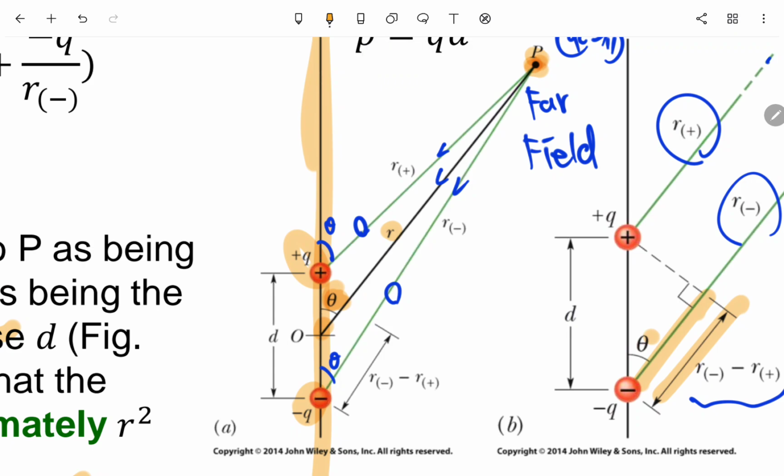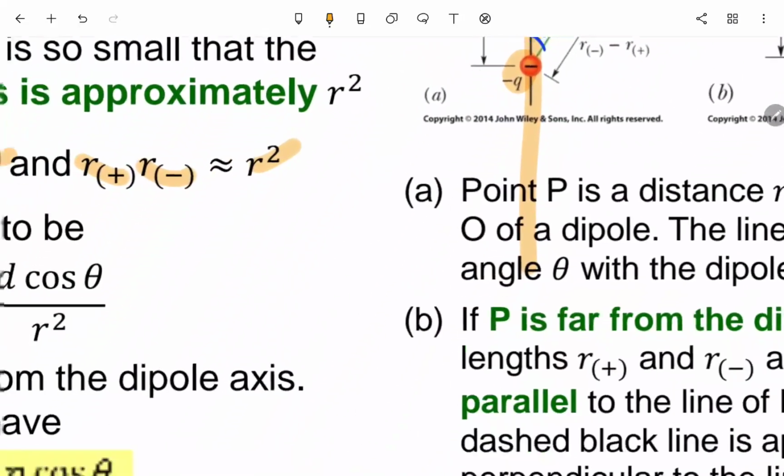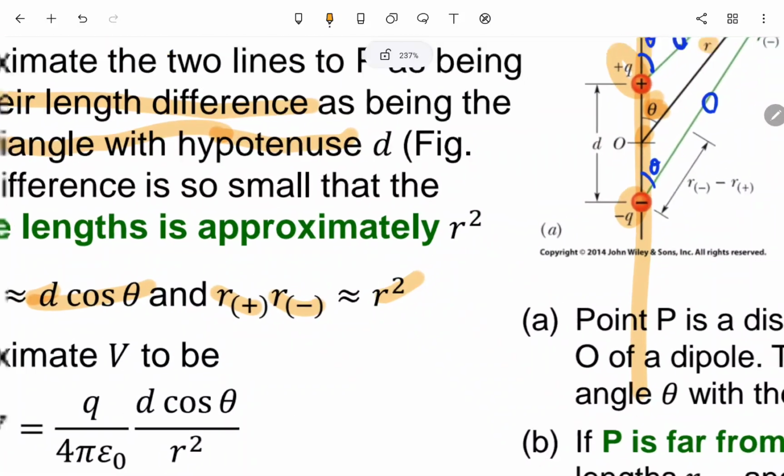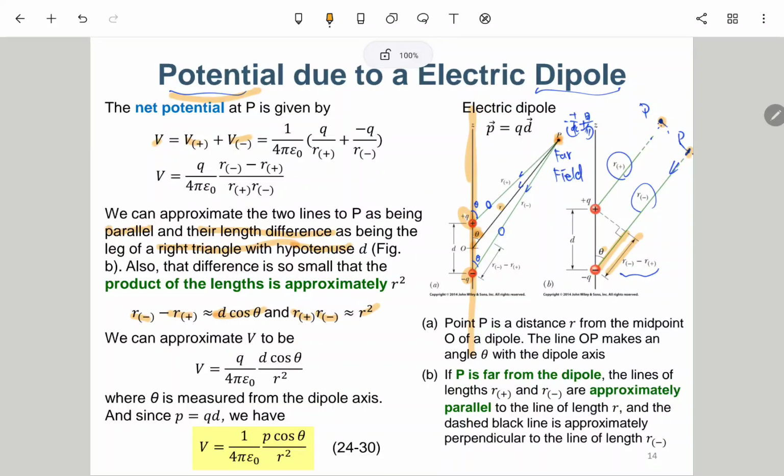If P is very far away, then we can assume that R plus is similar to R, and R minus is also similar to R. So R squared will be R plus times R minus. Okay, so by having the far field assumption, we can have these two assumptions.